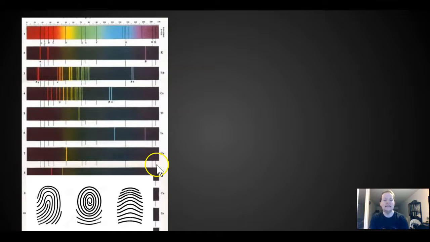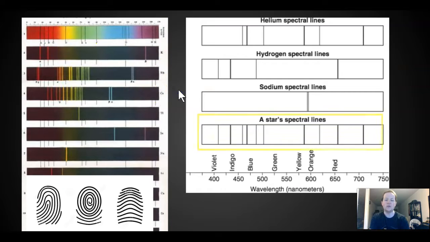We did this activity. When we give atoms energy, they scatter light. And different atoms scatter different types of light. And you use these like fingerprints to identify certain atoms.